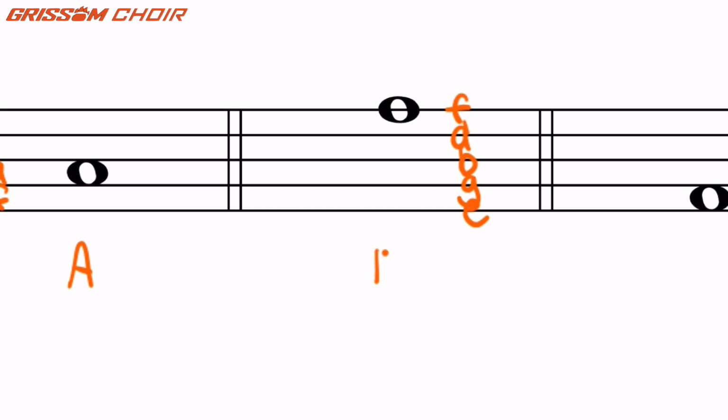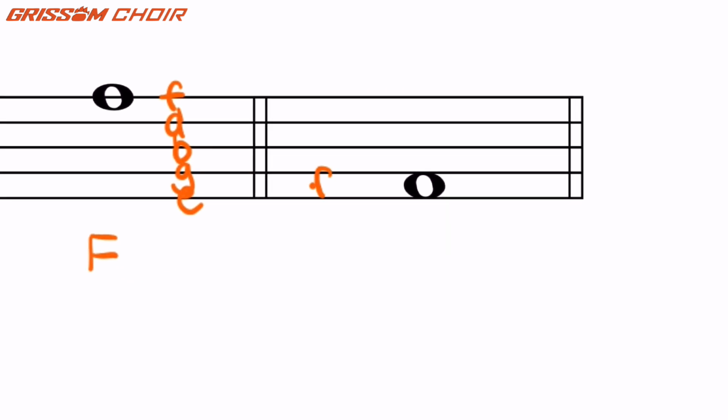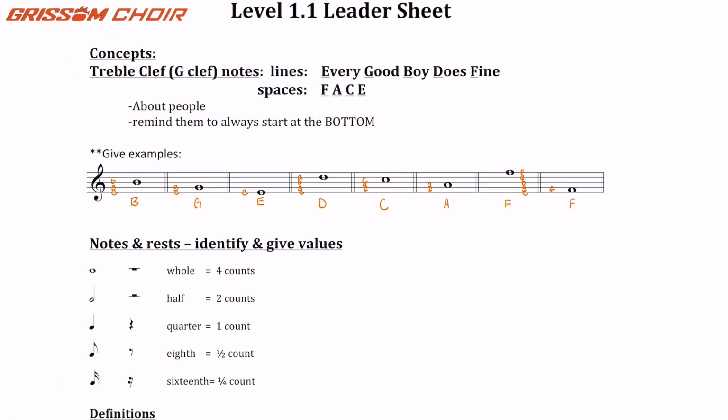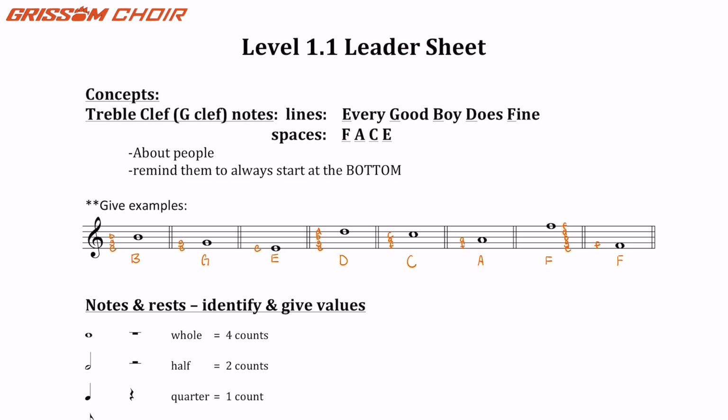That has to be an F. And then also the bottom space, F as well. So again, the lines of the treble clef, every good boy does fine, E, G, B, D, F, and face for the spaces, F-A-C-E. Always starting from the bottom.